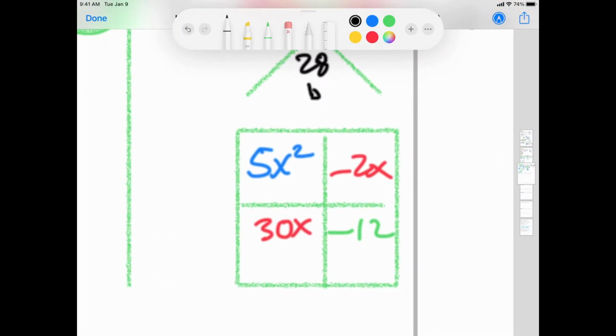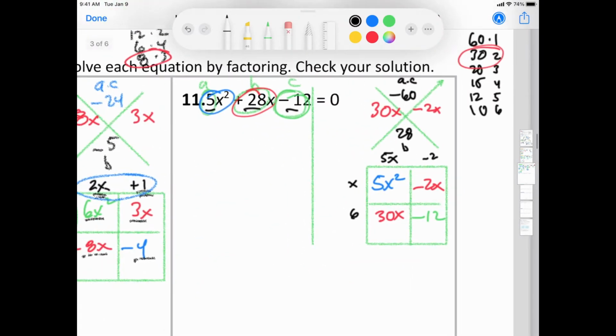Top row, left and right, the greatest common factor is an x. You can kind of cheat: go to the greatest common factor of the column. This would be 5x, so this one has to be a 6. Over here it's going to be negative 2, and negative 2 times 6 is negative 12. So x plus 6 right there, and 5x minus 2.